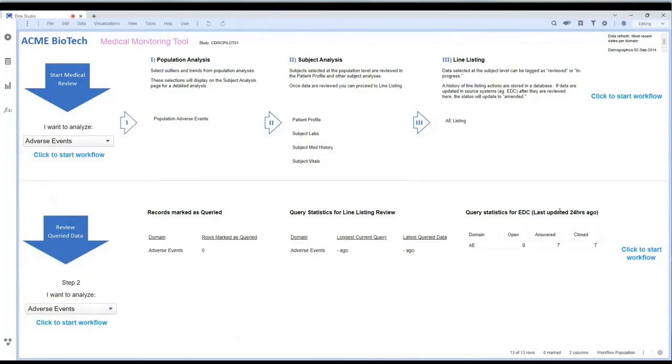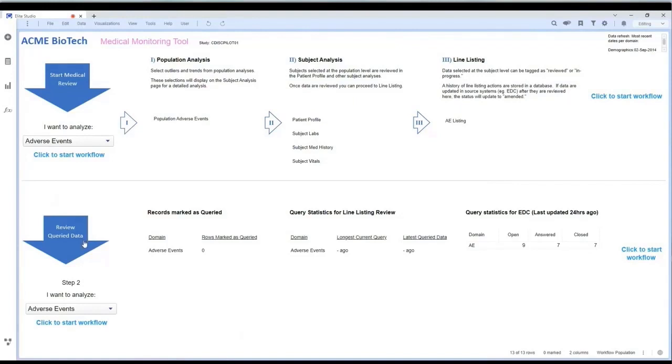So this workflow allows you, the medical monitor, or other members of the team, to query a particular data type, to go through a set of pre-structured queries of the database, and then it makes an entry.